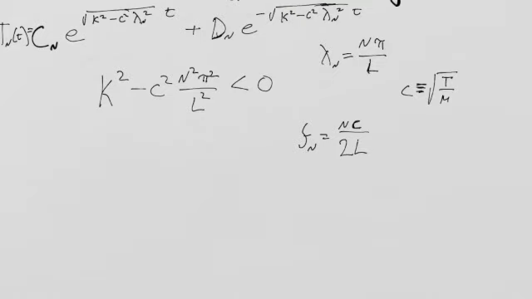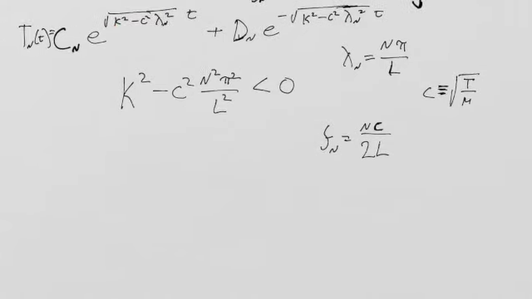In one case the exponent will be positive, and in the other the exponent will be negative. The positive one would be unphysical, because as time goes to infinity, the string's displacement would grow unbounded.